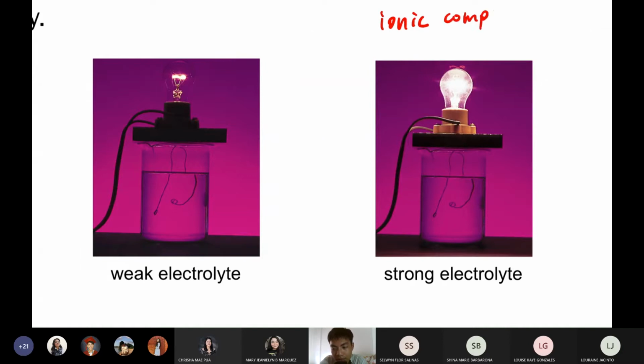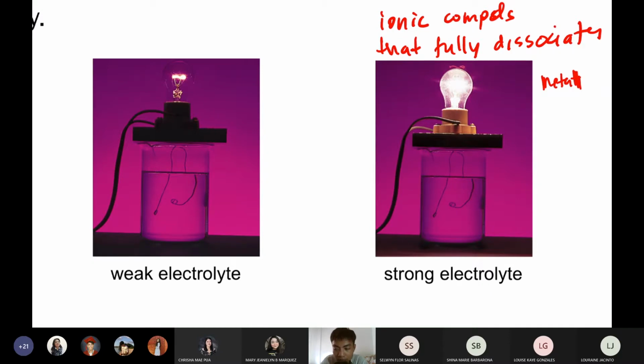Okay? So, ano yung mga ionic compound that dissociates completely? E di yung mga metal plus non-metal. So, sila yung usual na ionic compounds that dissociates fully. No? So, naghihiwalay talaga yung ions nila.